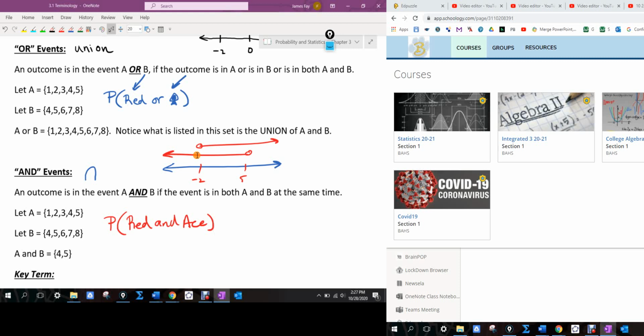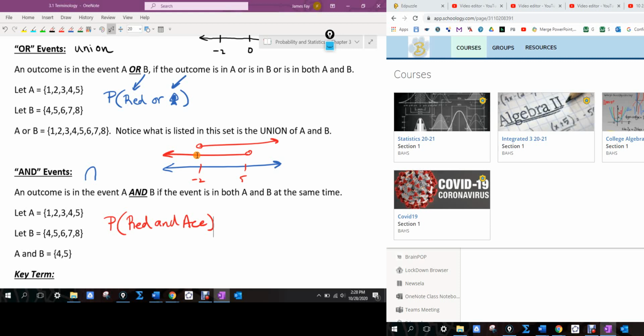Okay. But if I roll a die and I say I want to get a 6 or a multiple of 2, can those happen at the same time? Yes, because if it lands 6, that is 6 and it's a multiple of 2. Does that make sense? So those would not be mutually exclusive.